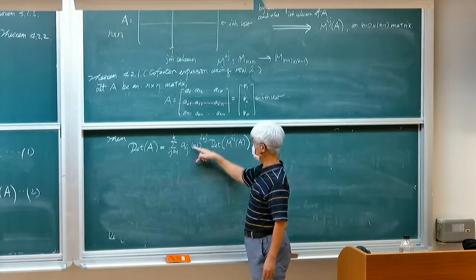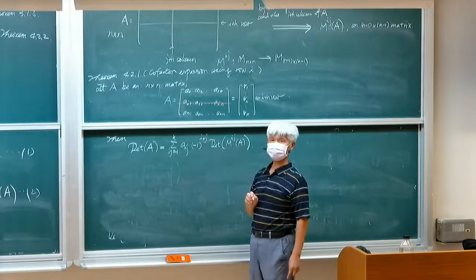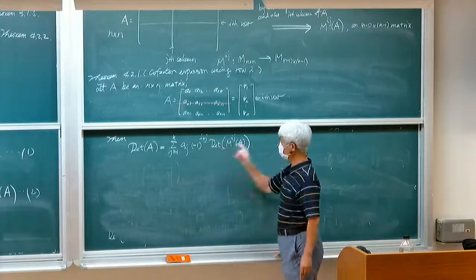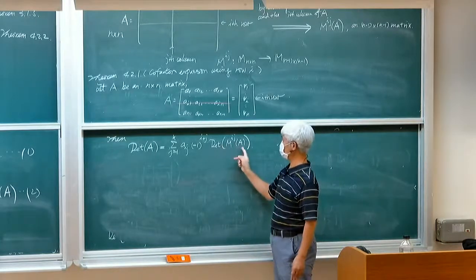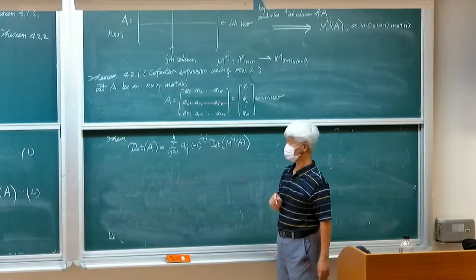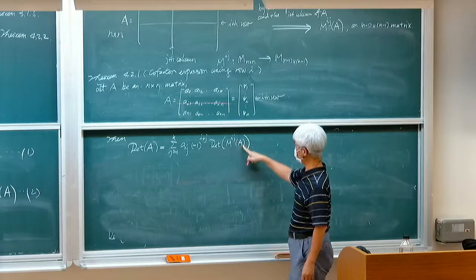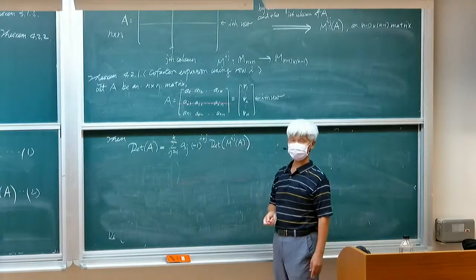Then multiply with the sign, which is (-1) to the i plus j power, and a determinant of an (n-1) times (n-1) matrix. What is this matrix? Well, this matrix is obtained by removing the ith row of A and the jth column of A.